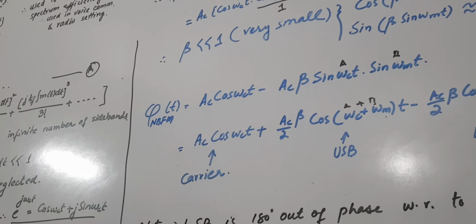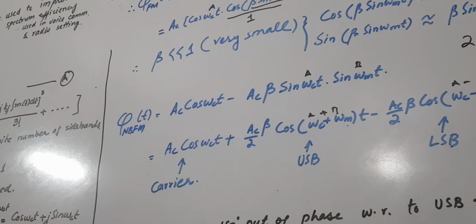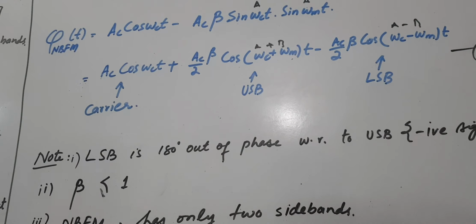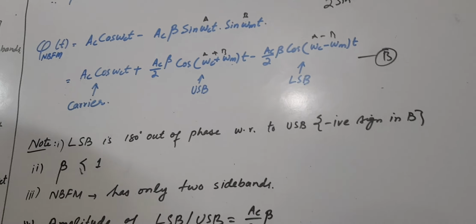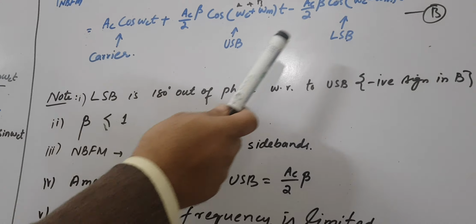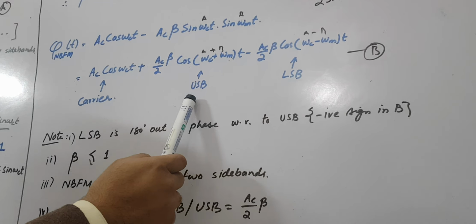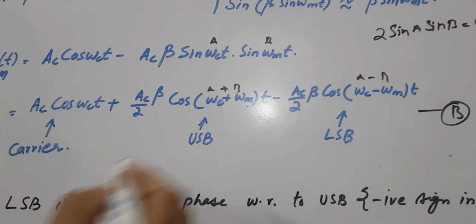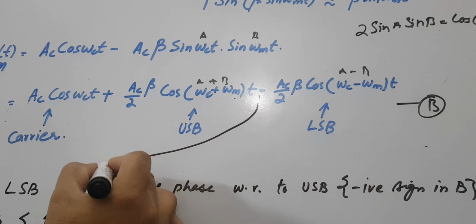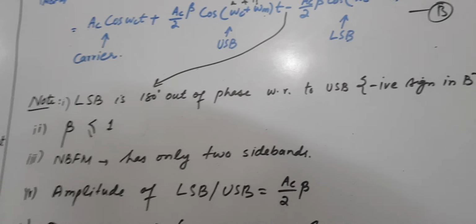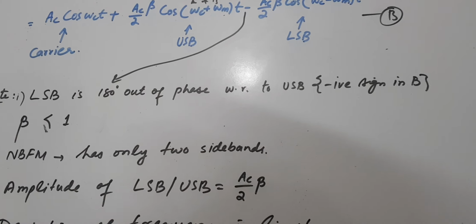You can see that the narrowband FM signal has the carrier, the upper sideband and the lower sideband. You can note a few points: the lower sideband and upper sideband are 180 degrees out of phase because we have a negative sign in the equation, so they are 180 degrees out of phase with respect to each other.